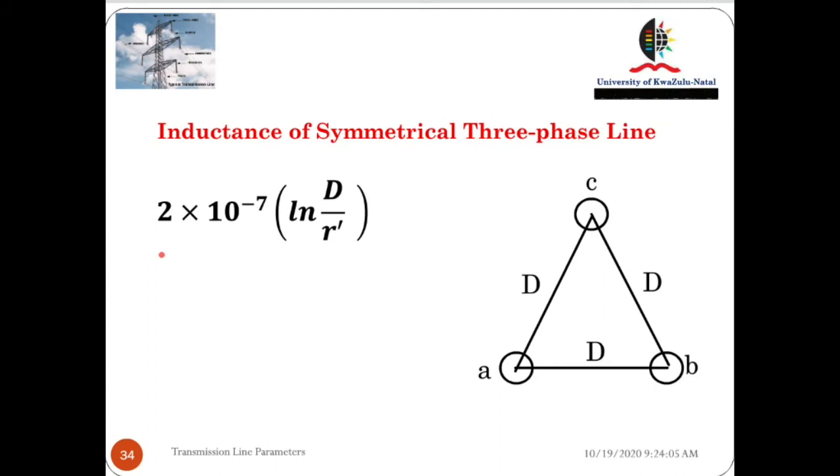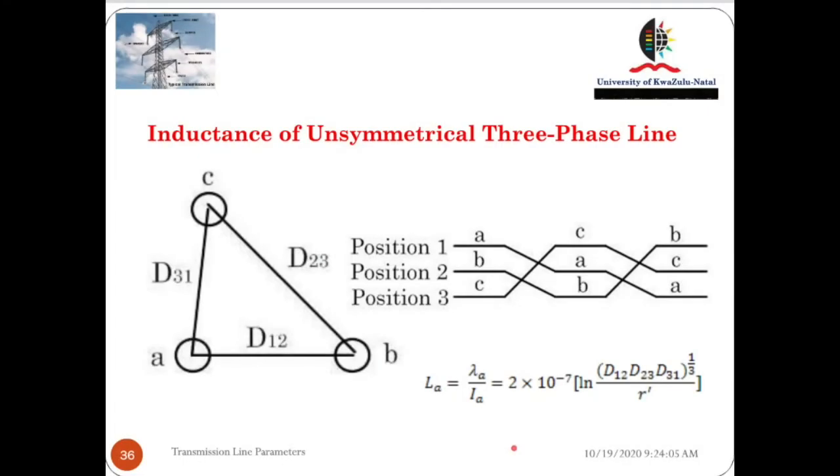So if that is not the same, then how does it look like? It might look like that: A, B, C, three conductors are there, and the distances between them are no longer the same, meaning it's not capital D anymore. The distances are different.